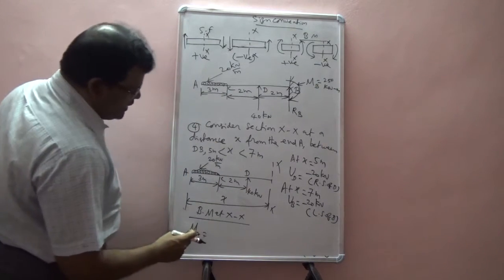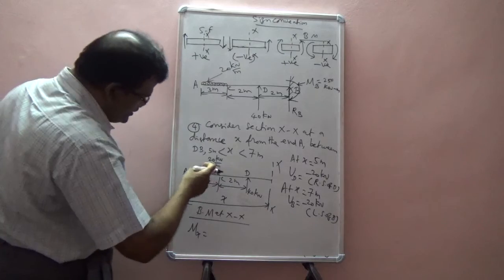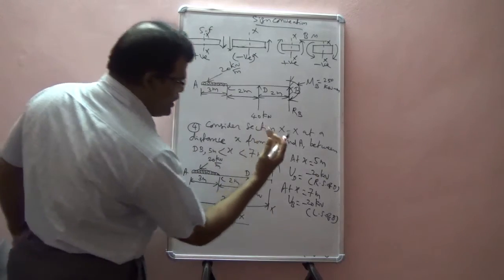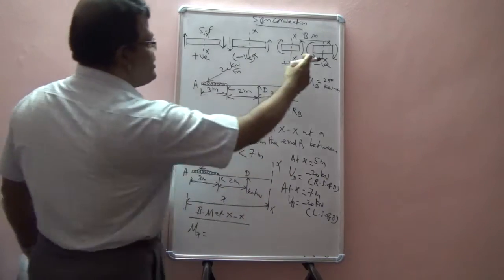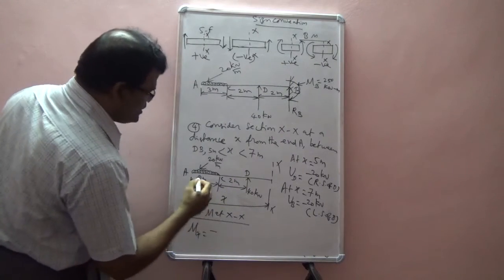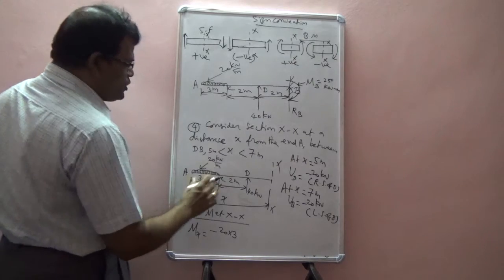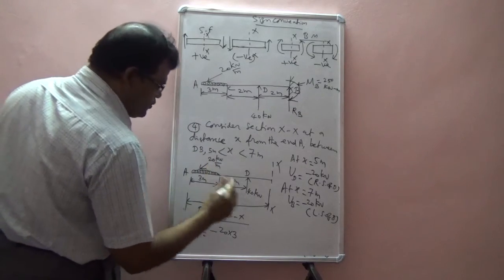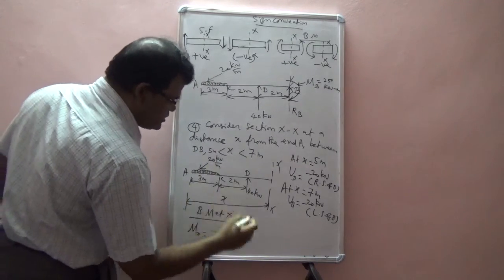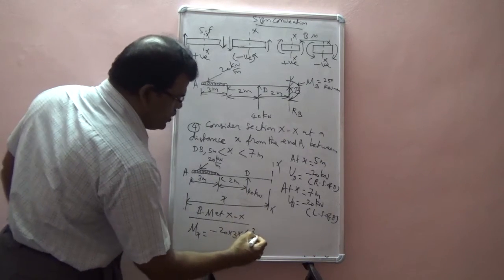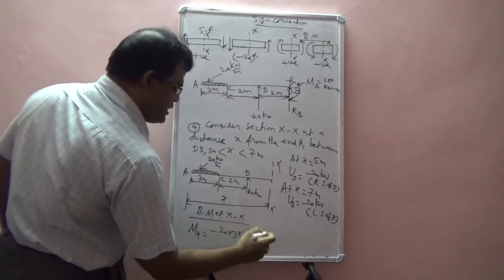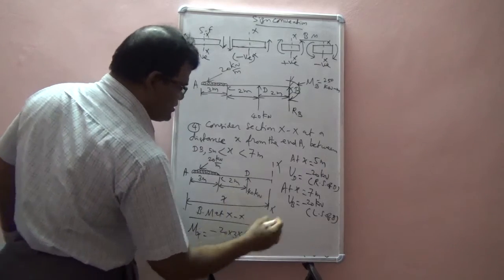This force tends to rotate the beam in the anti-clockwise direction. So left side of the section, anti-clockwise moment, minus sign. The total load is 20 multiplied by 3. What is the distance? This distance is half of this, so 3 by 2 plus, what is this distance? This is x.